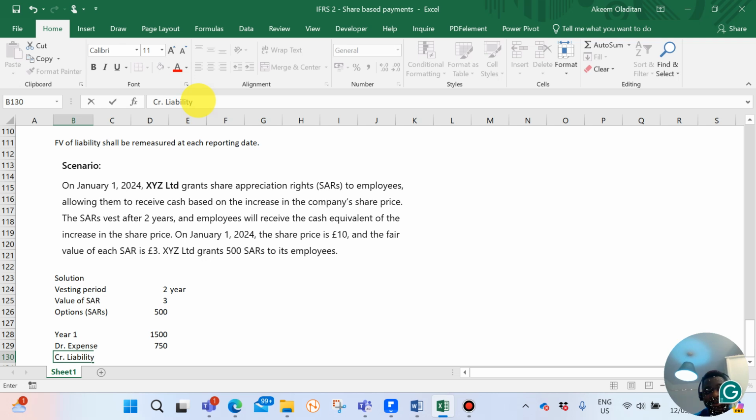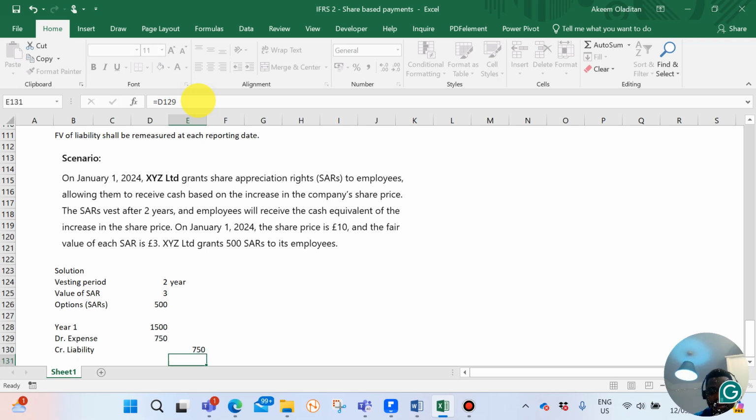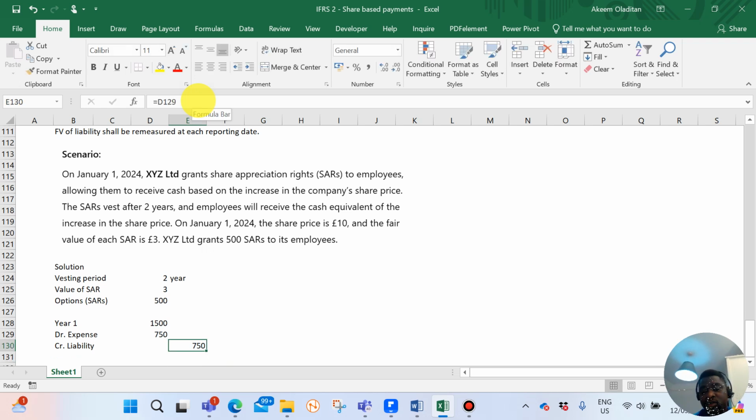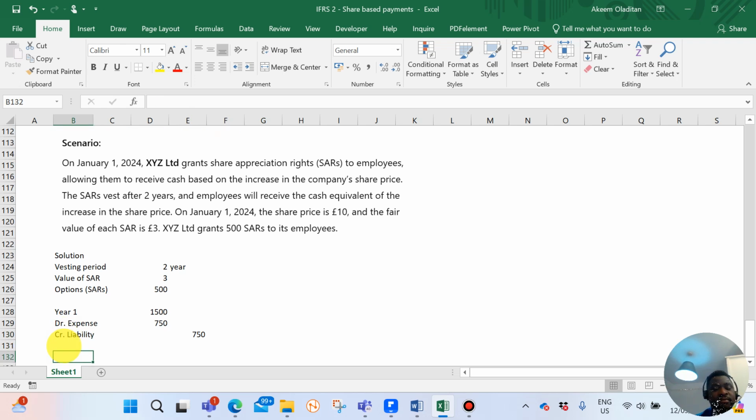This one is different from the one we discussed earlier, which is equity based. This one is cash based, because the question says allowing them to receive cash based on the increase. Cash is to be received, but it's based on the share price. So what we are crediting here is not equity, it's just the liability. Let's get that right. So that's for year 1. For year 2 it will be the same thing.